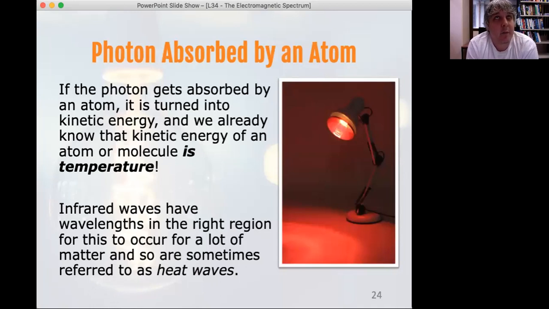So a photon hits a surface, it might get reflected, it might get absorbed. Same idea here. And because the absorption is that thermal physics phenomenon we're talking about, we often call infrared light waves heat waves, because they are very commonly absorbed by matter. But it's the same phenomenon we've already talked about.